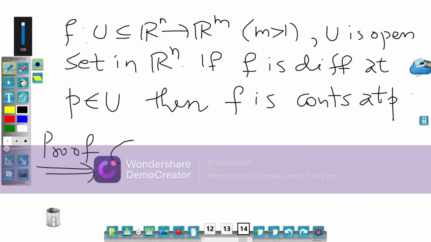It's given that f is differentiable at p.